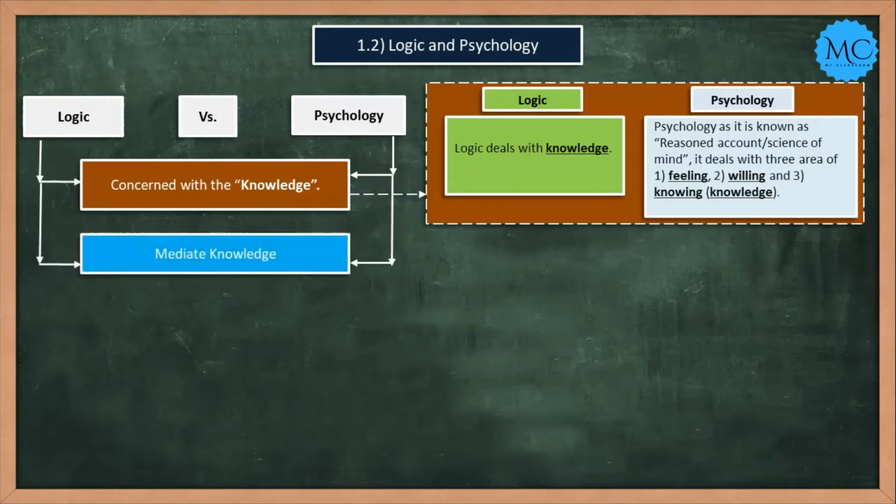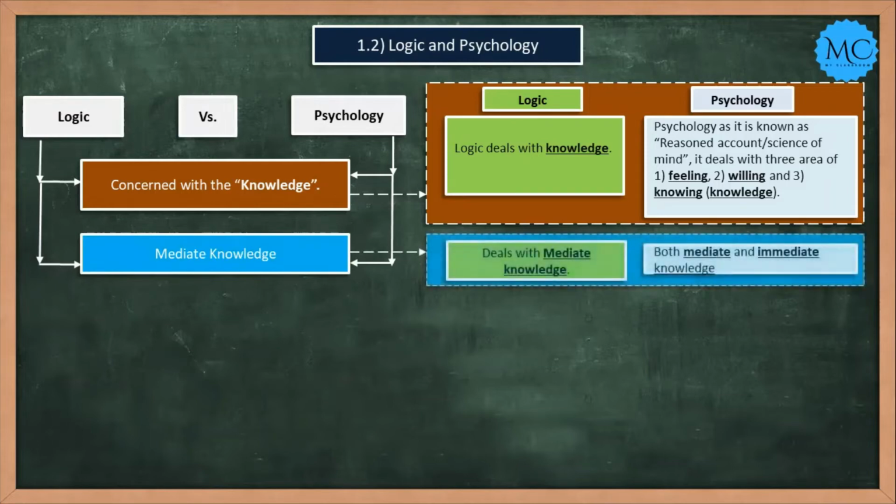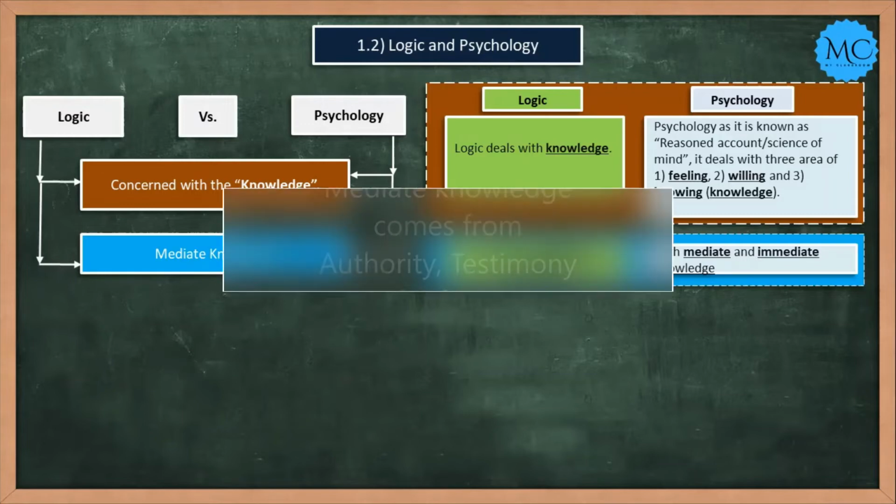Mediate knowledge. Let us see what it is. Logic deals with mediate knowledge, and psychology deals with both mediate and immediate knowledge. Mediate knowledge is the knowledge which is never perceived, which comes from authority, testimony, inferences.